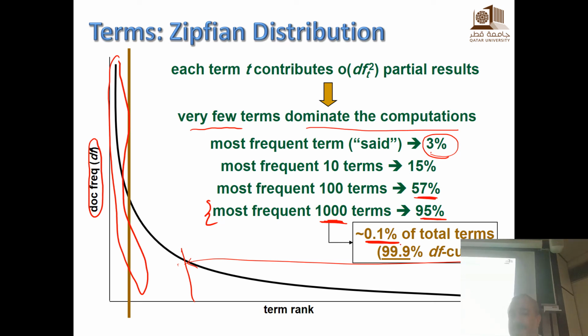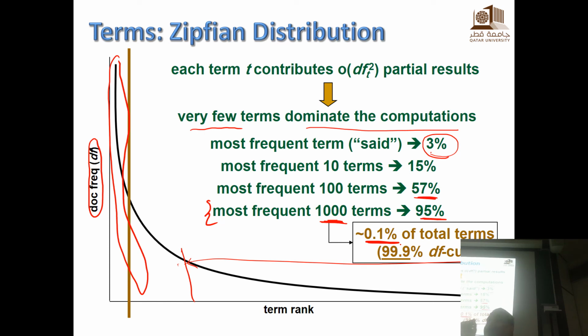Which means that if we ignored these terms, if we filtered them out, how much time would we save, roughly? 95% of the time. It's not just even 10%.